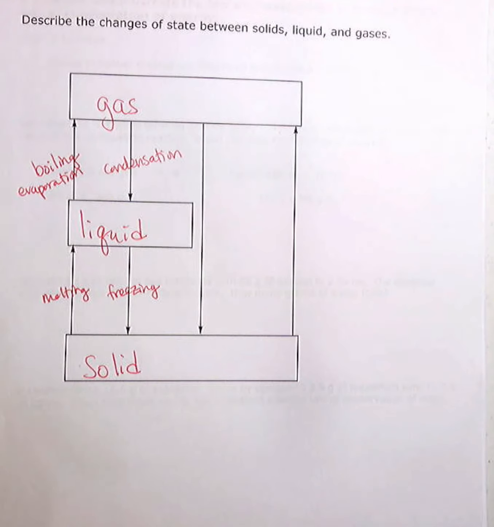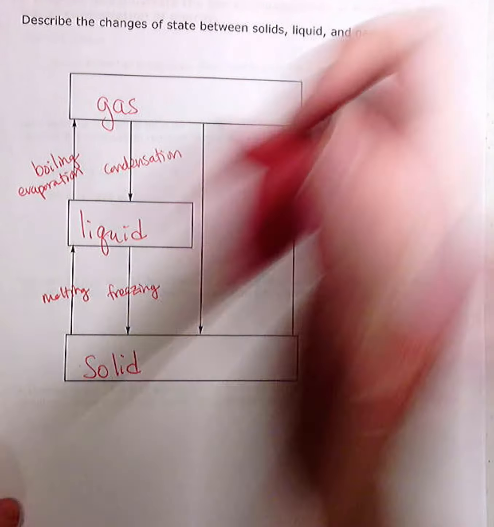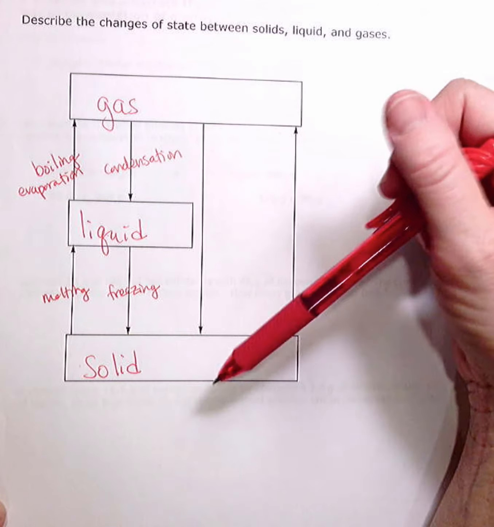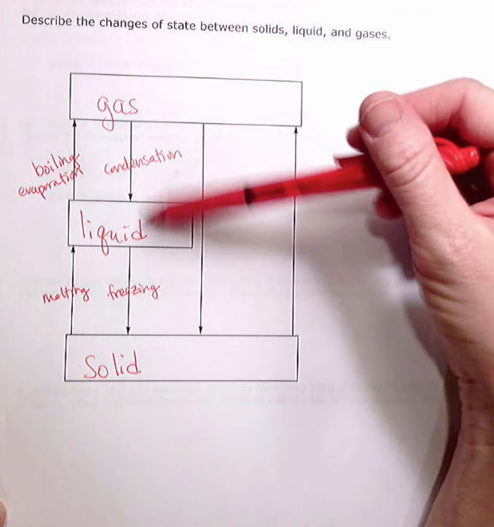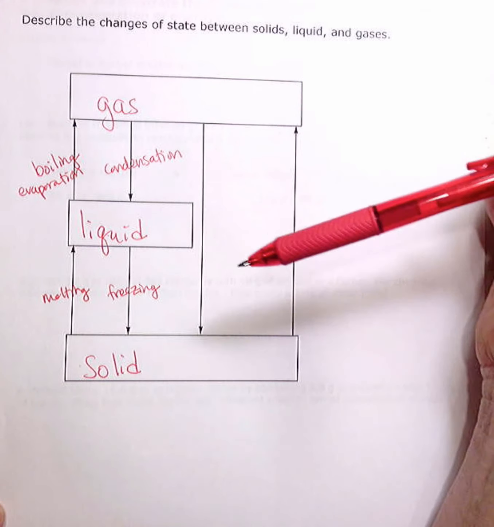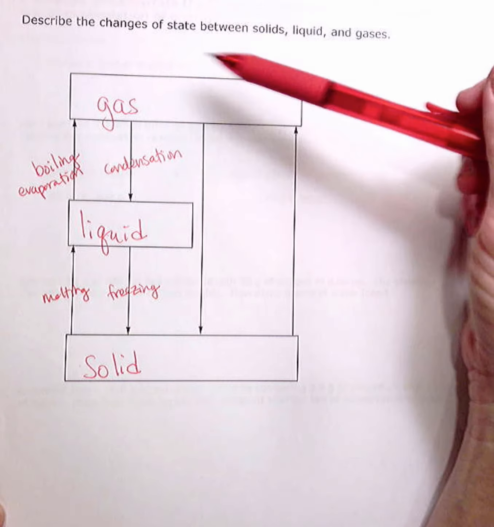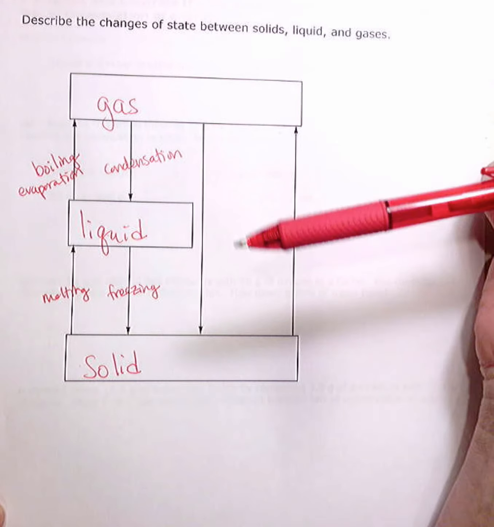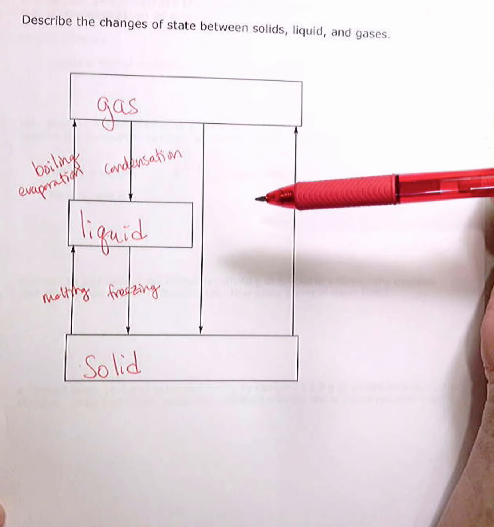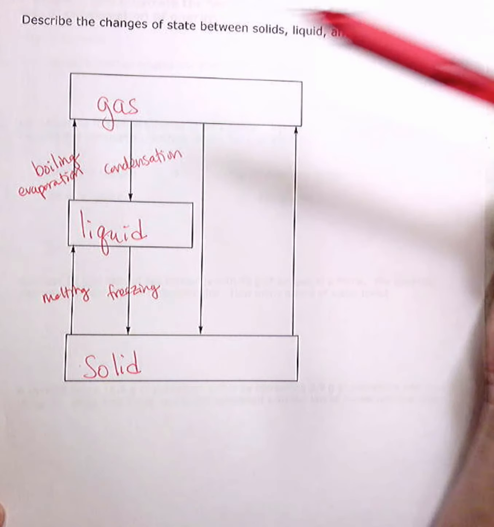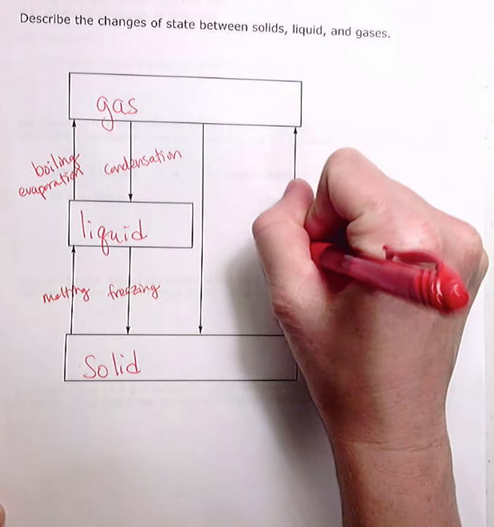So there's water in the air. That's condensation. Now, we're probably more familiar with solid to liquid, liquid to gas. There is another type of change of state, going from solid to gas and gas to solid. So sublimation is the change from solid directly into gas.